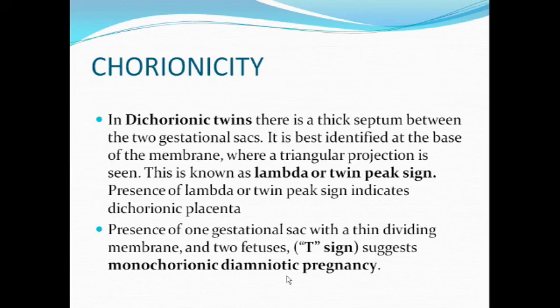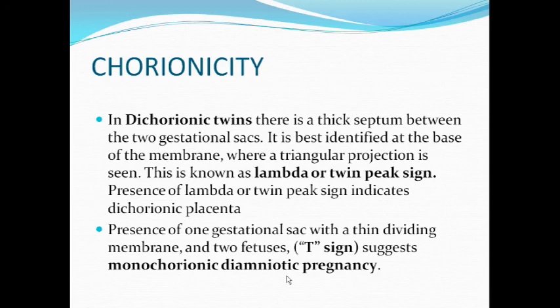In dichorionic twins, there is a thick septum between the 2 gestational sacs, because it consists of 2 chorions and 2 amnions. This is best identified at the base of the membrane, where a triangular projection is seen. This is known as the lambda or twin peak sign, and it indicates dichorionic twins.